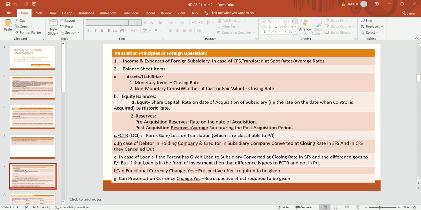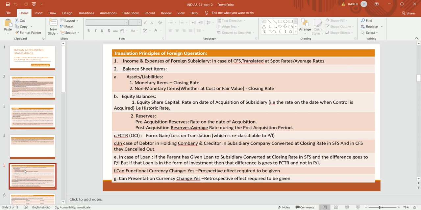Income and expense of foreign subsidiaries is to be translated at the spot rate or average rate. Balance sheet items, that is assets and liabilities, are all translated at the closing rate. Equity: if there is equity share capital, the rate on the date of acquisition of the subsidiary is to be taken into consideration for translation of equity share capital.